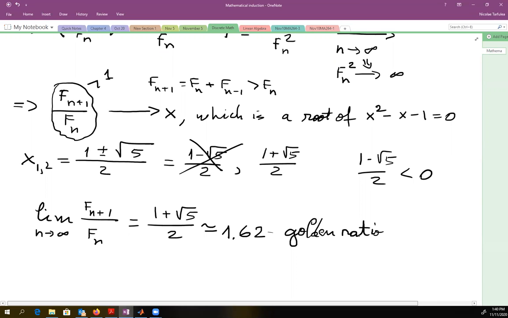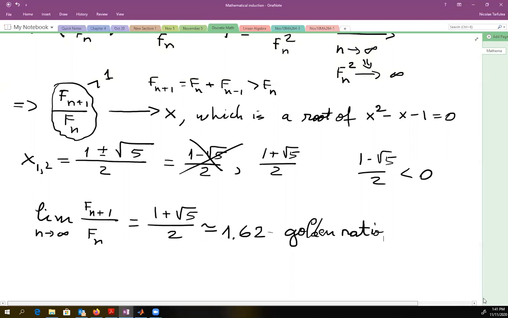Or the Parthenon in Greece was also designed having this number in mind, or many pictures. So this is somehow related to beauty, to aesthetics, to harmony. It's an interesting thing about the Fibonacci numbers.